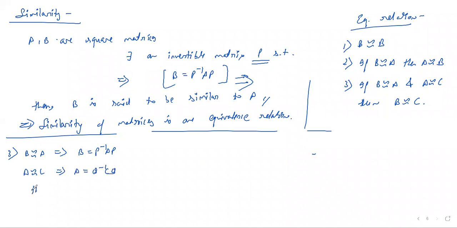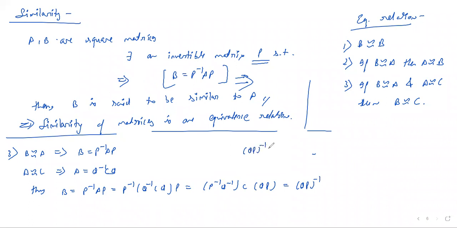Thus B is equal to what? P inverse AP, and if I put the value of A, which is Q inverse CQ here, then we get P inverse Q inverse CQP, which is equal to QP's inverse times C times QP, because QP's inverse is equal to P inverse Q inverse. We'll study this property of the inverse later.